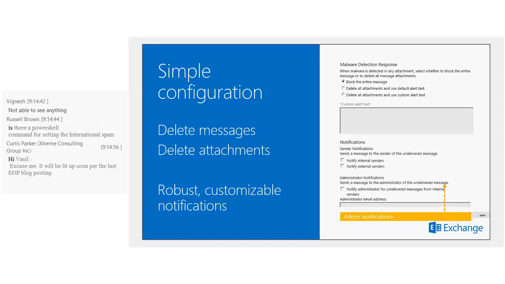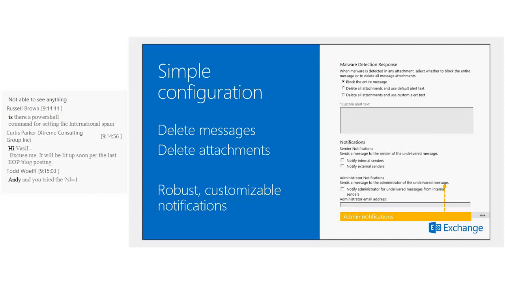You can also modify the message in general as well. So if you want to put up some custom alert to the users that, hey, this message contains malware, they should be able to see that exact alert and message based on what the admin configured.